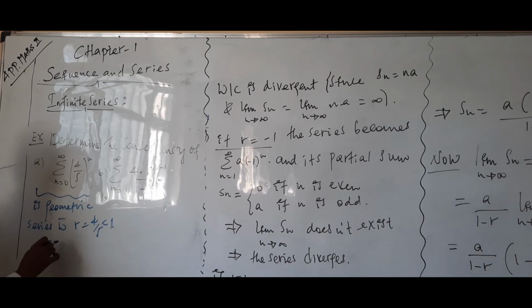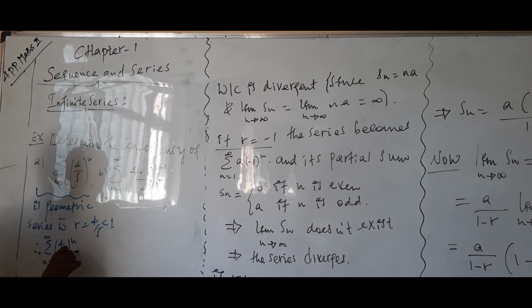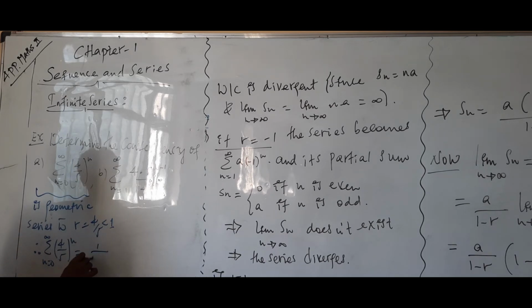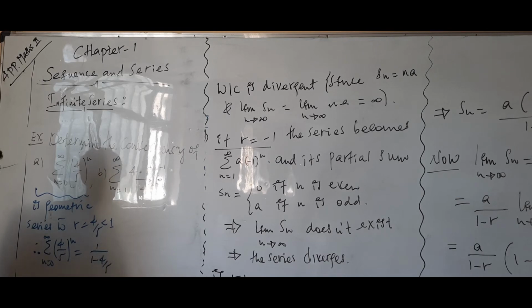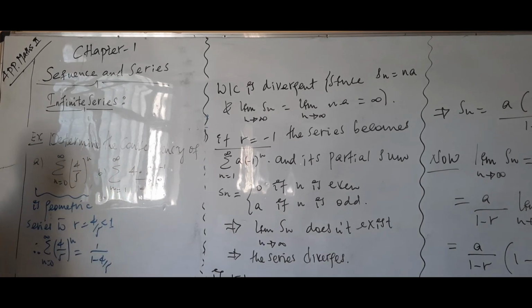Therefore the sum of 4 over 5 to the power of n, when n is from 0 to infinity, converges to 1 over 1 minus 4 over 5.